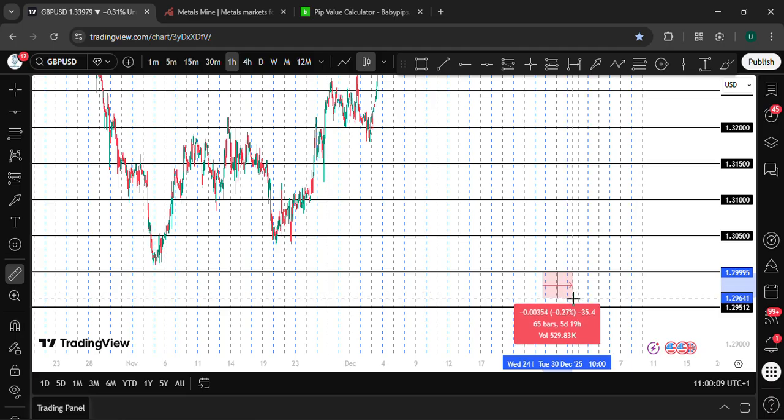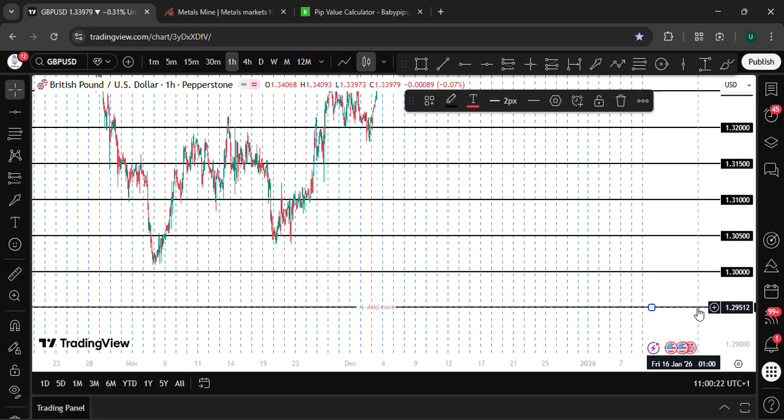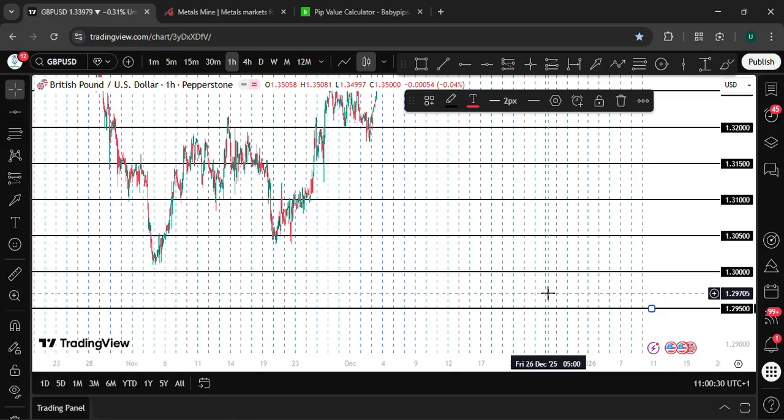Shift click and measure 50 pips. This is 50 pips, and it has to be on 1.29500. So double click on it, change the value over here, clean it, add 00, and then we are good.